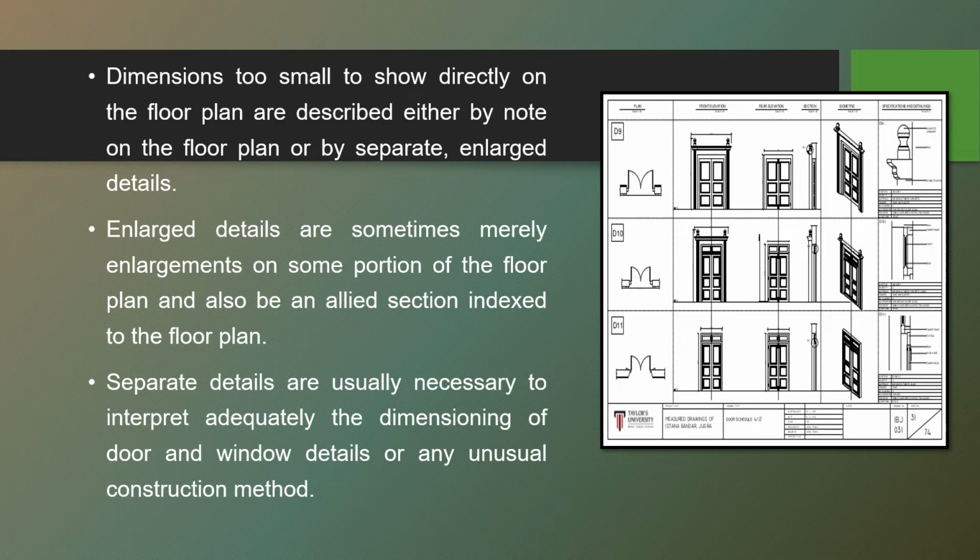The enlarged details are sometimes merely an enlargement of some portion of the floor plan, and can also be a section indexed to the floor plan. Separate details are usually necessary to interpret adequately the dimensioning of the door and window detail, or any unusual construction method.